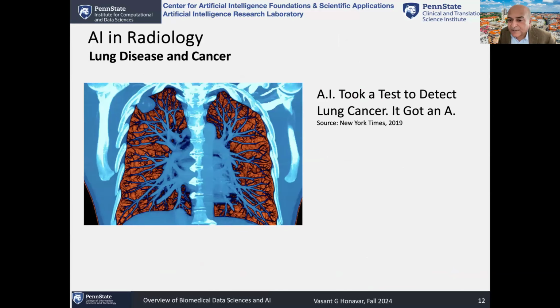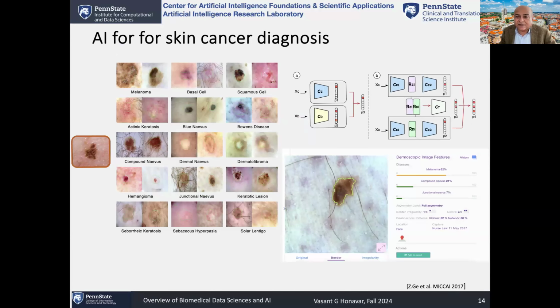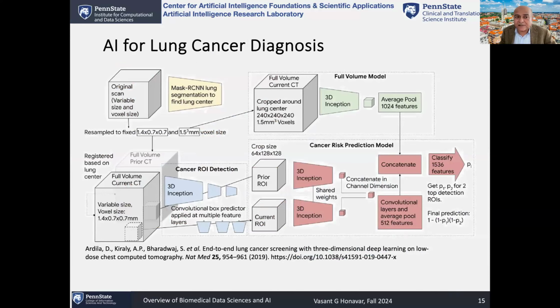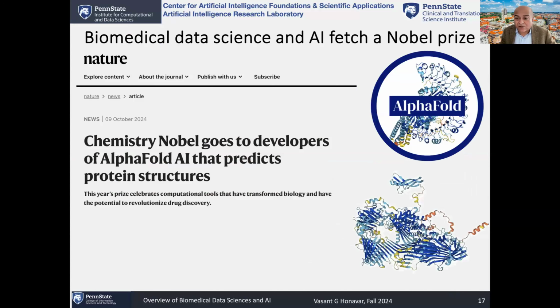So there are many examples we can go through, but I won't spend a lot of time on this. There is lung cancer diagnosis, cardiology, skin cancer diagnosis, ophthalmology, and so on, right? And culminating recently in the chemistry Nobel Prize, which went to the developers of AlphaFold.